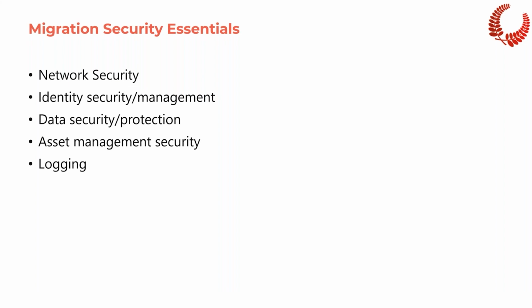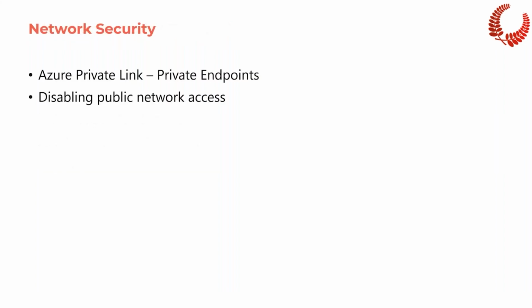And first of all, the network security, which we need to think about in migrating, is that we should think about implementing Azure Private Link or private endpoints, and disabling some public network access in this case.